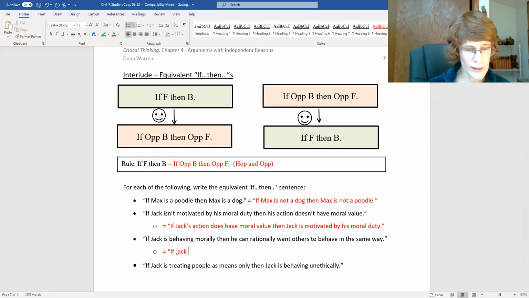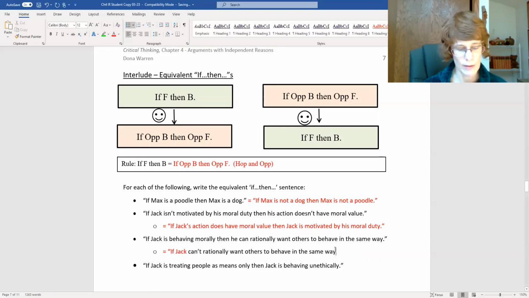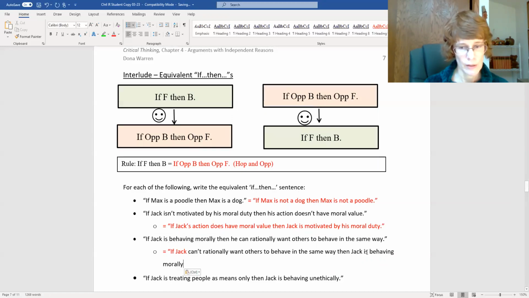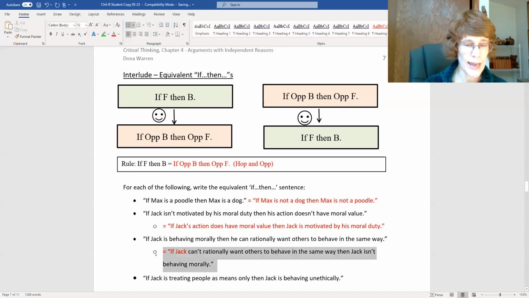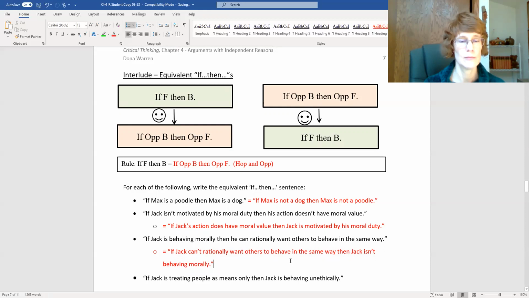If Jack can't rationally want others to behave in the same way, then the front part is going to become the back part negated. So the opposite of the front is going to become the back: Jack isn't behaving morally. And there we have it. If Jack can't rationally want others to behave in the same way, then Jack is not behaving morally. Very good.